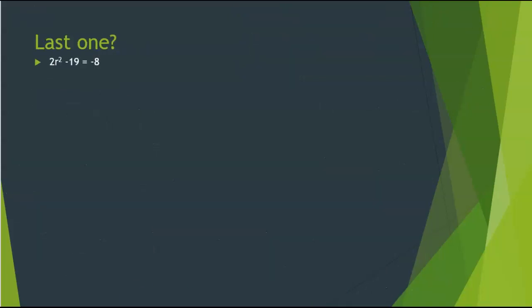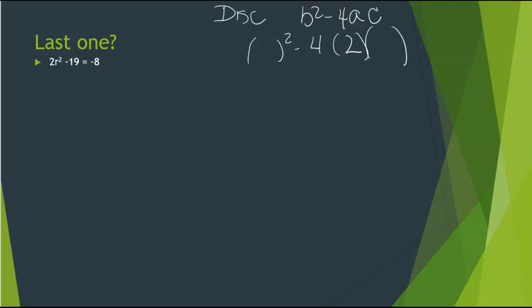Okay, last one. Remember what the first step was? The first step was discriminant. B squared minus 4AC, right? What's B? This 2 is in front of an R squared, so that's A. Oh, we have to jump the fence too, right?